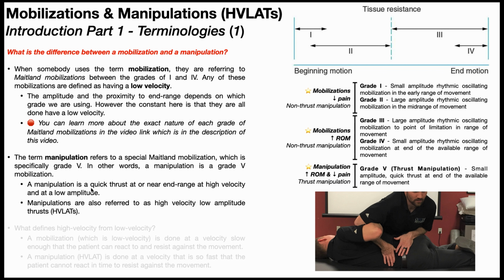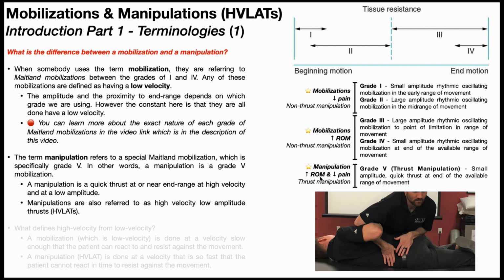In other words, manipulations are high velocity, low amplitude thrusts, and that's where the acronym HVLAT comes from. If we look over here on the right, there's another quick definition: small amplitude, quick thrusts at the end of the available range of motion. When executed correctly, they tend to both decrease pain and increase available range of motion.